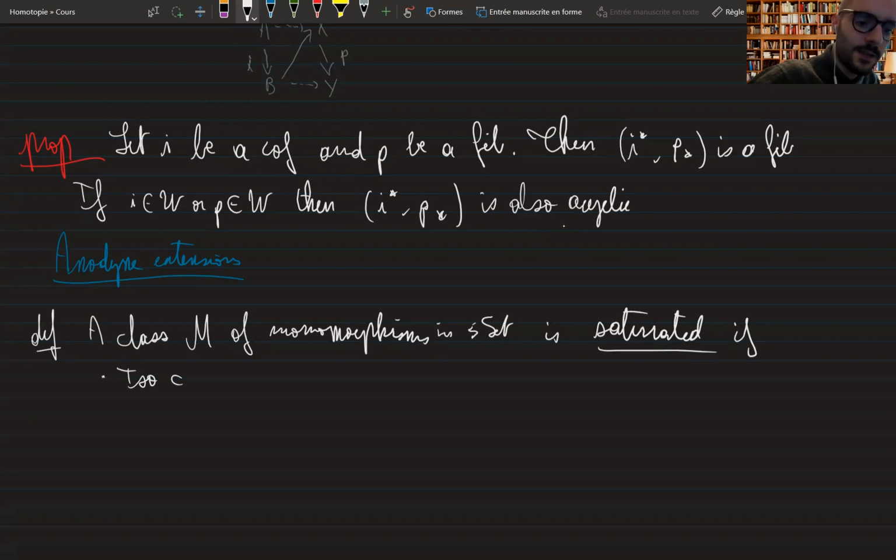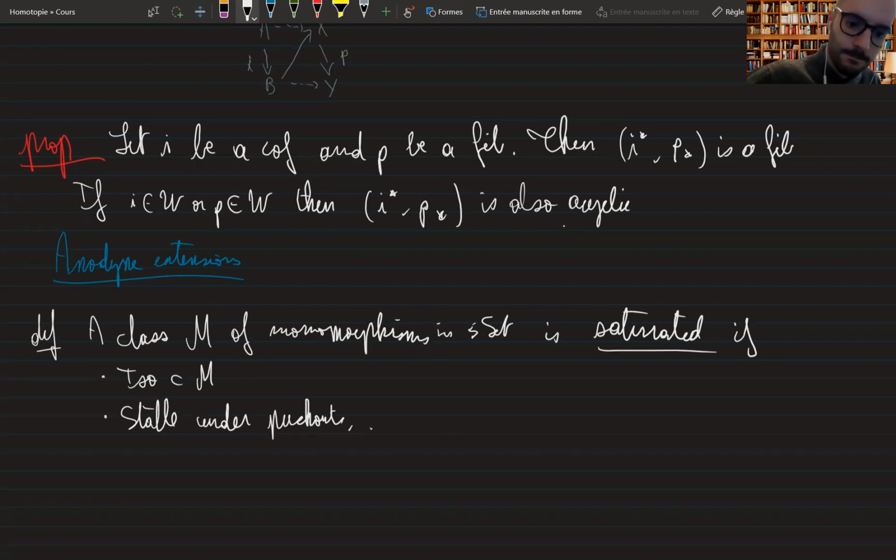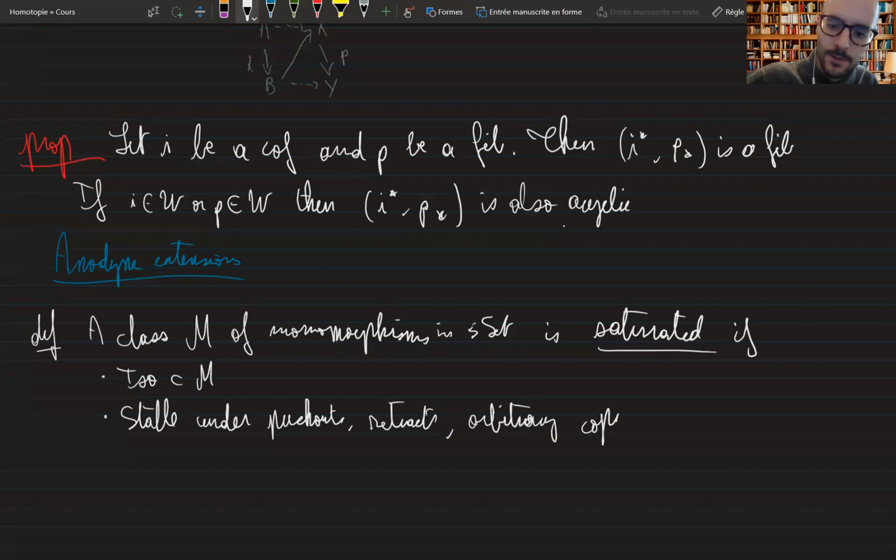So it contains all isomorphisms and it's stable under, let me make sure, push-outs, retracts, arbitrary coproducts, and countable compositions.